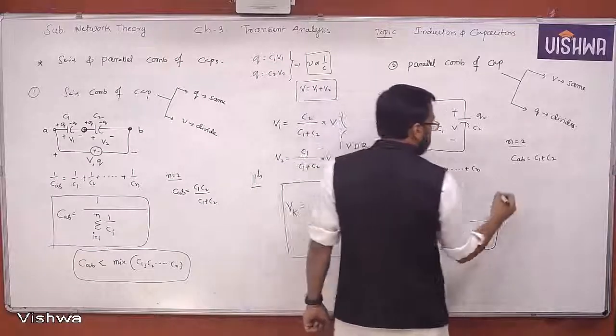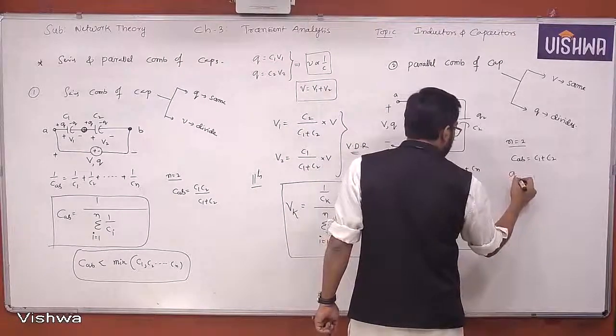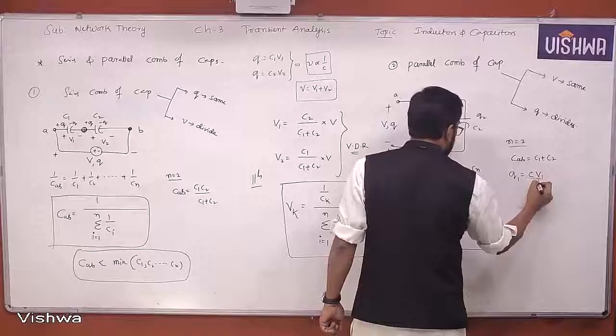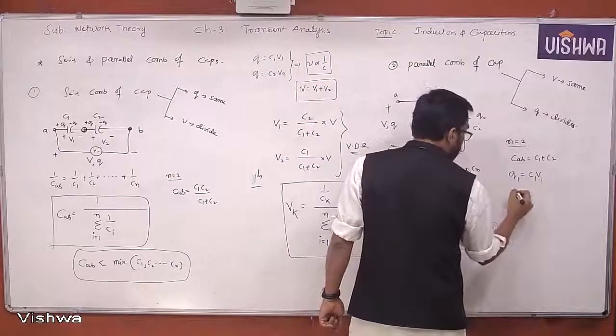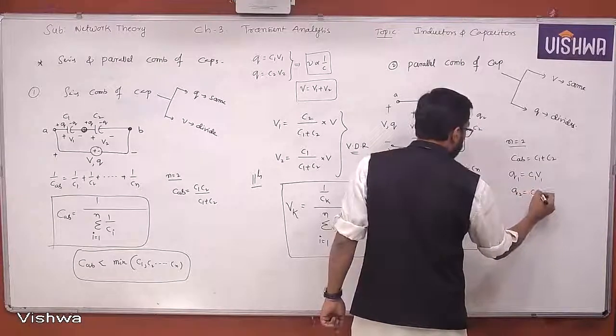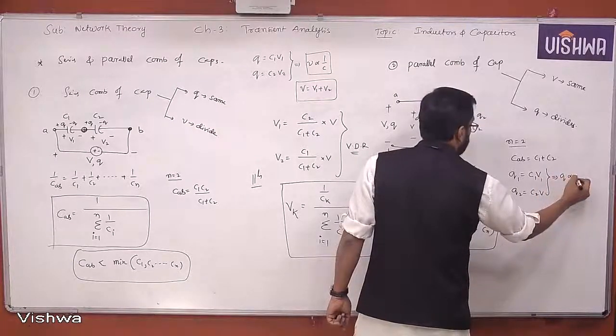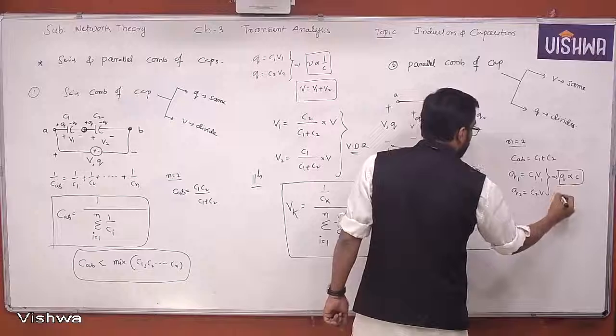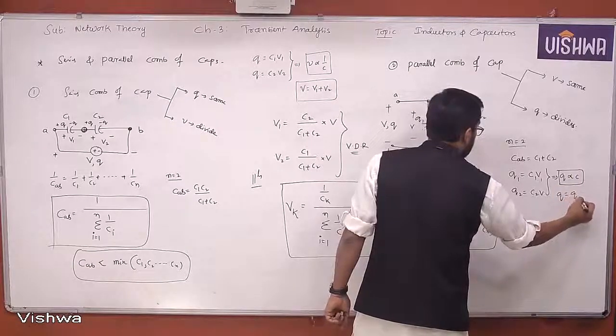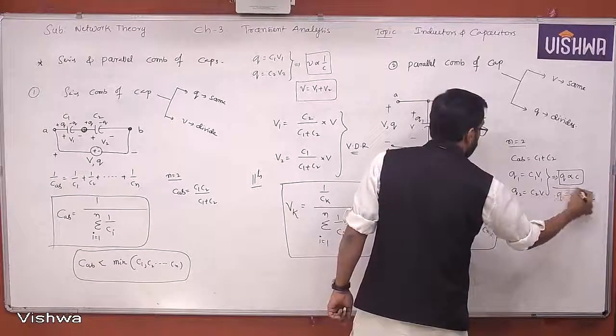Now you can write Q1 is equal to C1 into V, and Q2 is equal to C2 into V. From this we can write Q is directly proportional to C. But Q also, you know very well, charge gets divided, Q1 plus Q2.